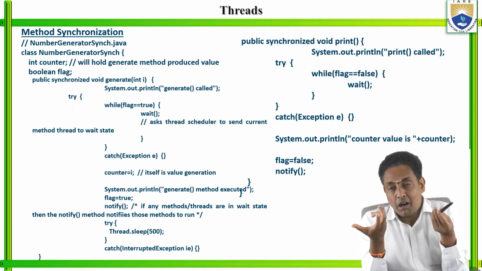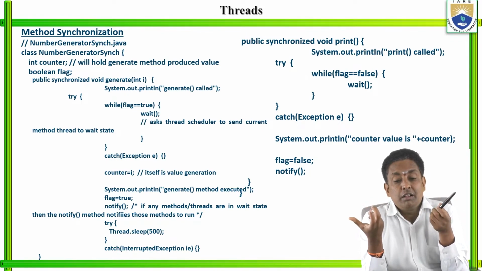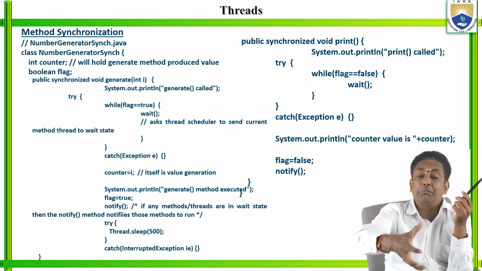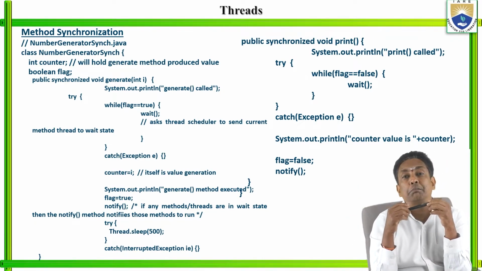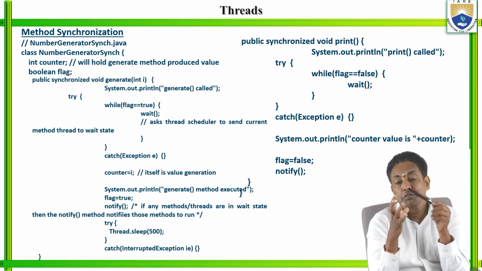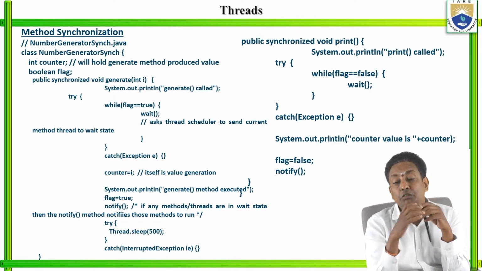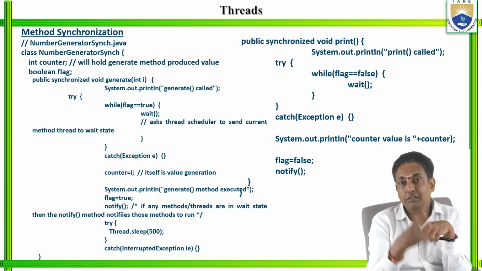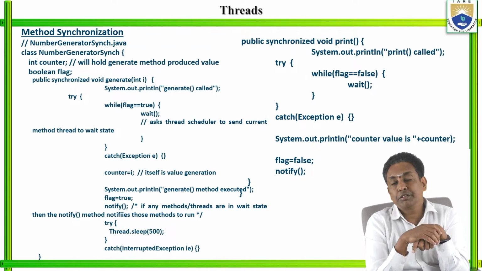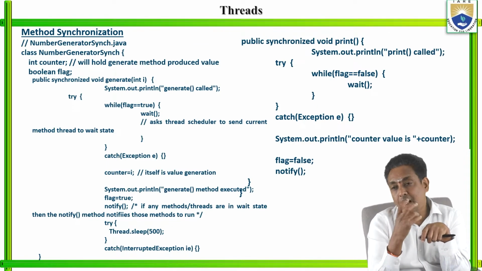Then how do we know whether the generate method or the print method is executing? Which method should wait or be interrupted for some time? How do we decide?